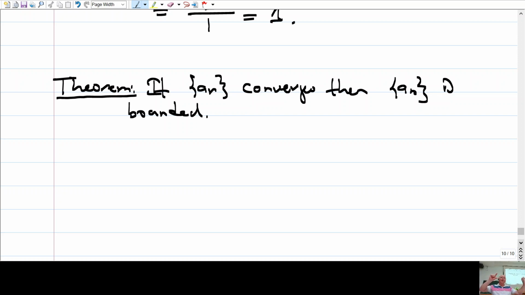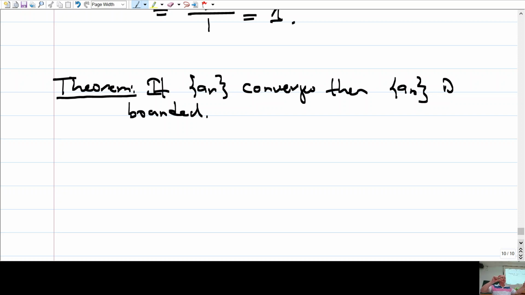And there are only finitely many terms outside, right? 1 million terms or 1 million minus 1 terms. But they cannot go far away because there are only finitely many of them.